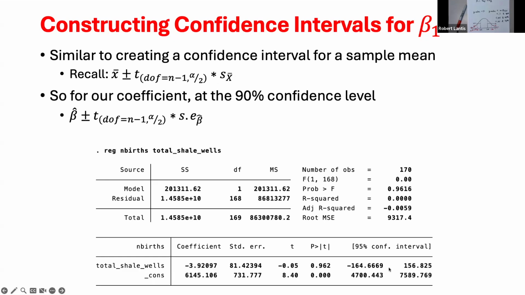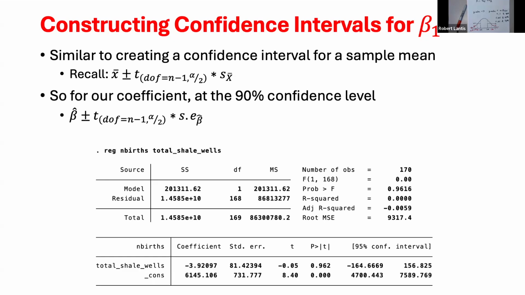So notice here, my 95% confidence interval, does it include the assumed value of 0? Yes, right? Negative 164 to 156, that includes 0. Any value in that 95% confidence interval, I can't reject as what could be the true slope coefficient estimate.